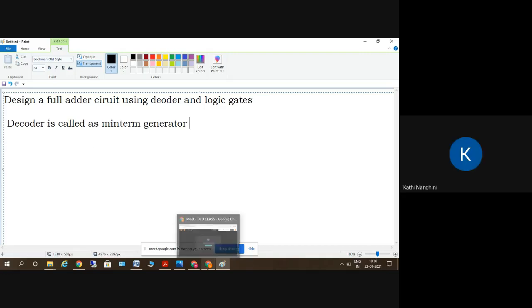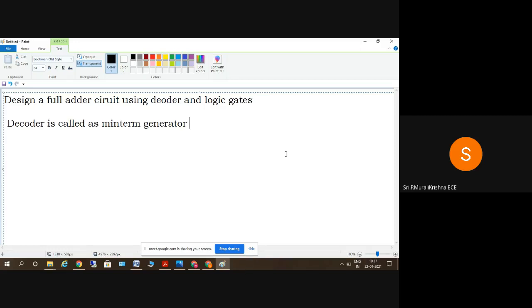It is the AND operation between the possible input combinations. The AND operation is a multiplication of the inputs here. So that is called a min-term, and the decoder is called a min-term generator.